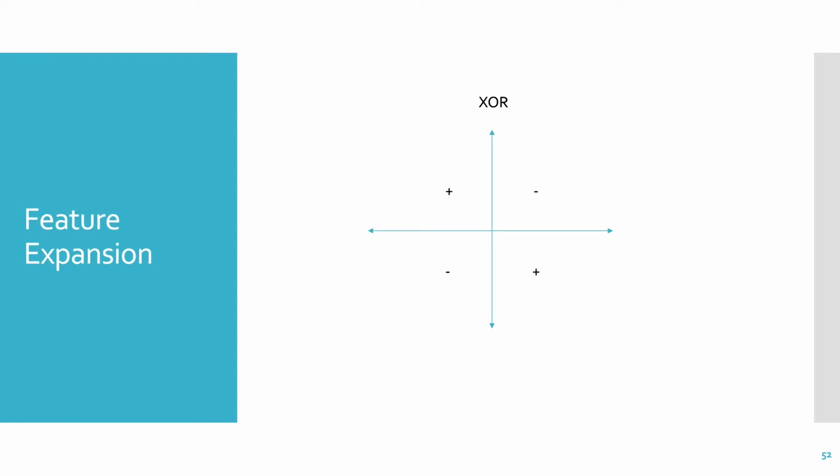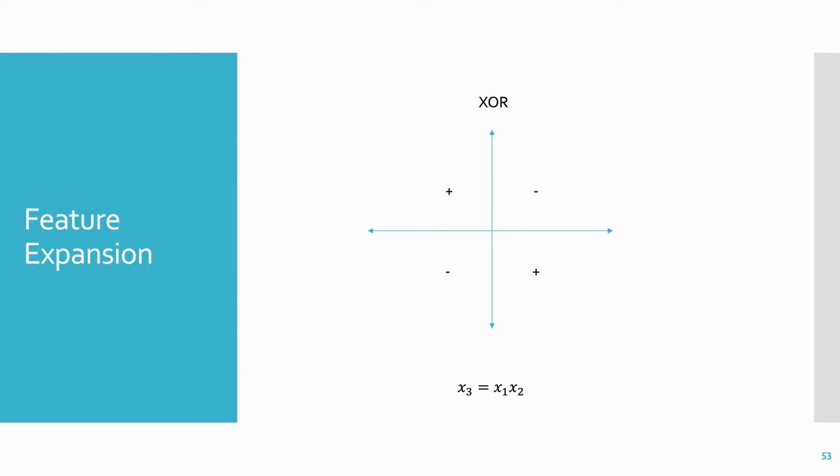What's feature expansion? Let's look at an example. The XOR problem has data like this. This is something that's not linearly separable. We've talked about this a couple of times in class. We can actually do feature expansion where instead of having 2 features, x1 and x2, we can add a third feature that is a combination of the other features.